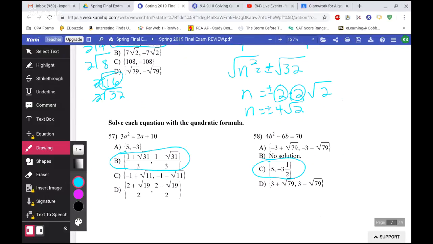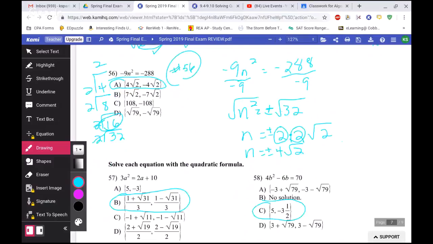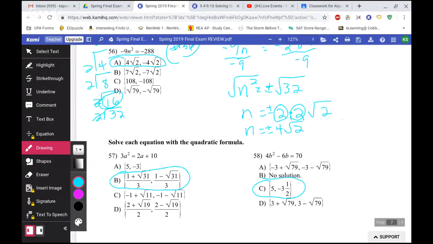Do we need to have the formula memorized? I will give you the quadratic formula. I will give you the discriminant formula, but you will have to be able to simplify a radical. So being able to figure out that the square root of 32 is 4 times root 2, or being able to figure out something like number 57, you would have to be able to do that.